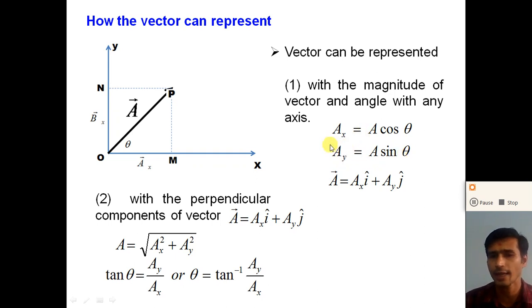So here the x component of the vector A can be found with Ax equal to A cos theta, and the y component of the vector A can be found with A sin theta. And from these components we can represent the vector A in the form of the addition of its perpendicular components: Ax in the direction of i, plus Ay into j. So this way we can convert a magnitude and the angle to the component form.